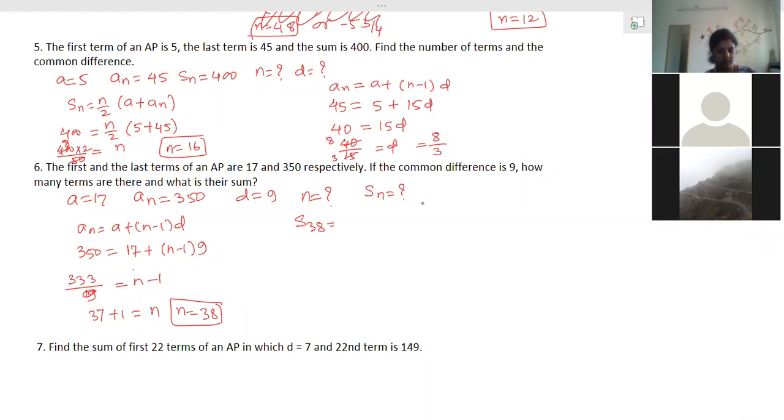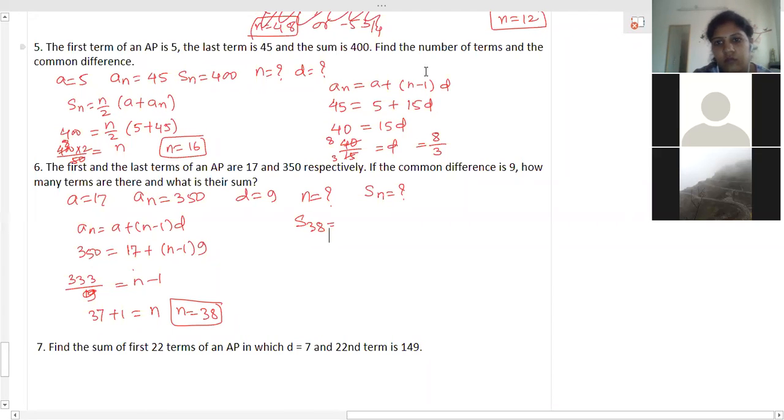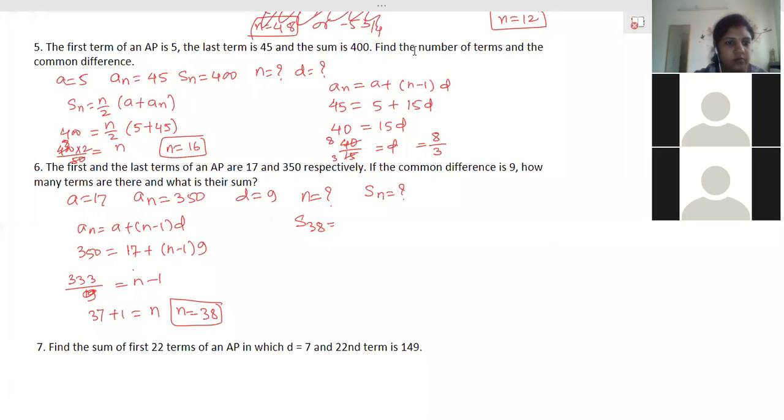Nanika, which question are you doing? Ma'am, is that 6973? Yes, right. Ma'am, for the eighth question, is the answer 5610?